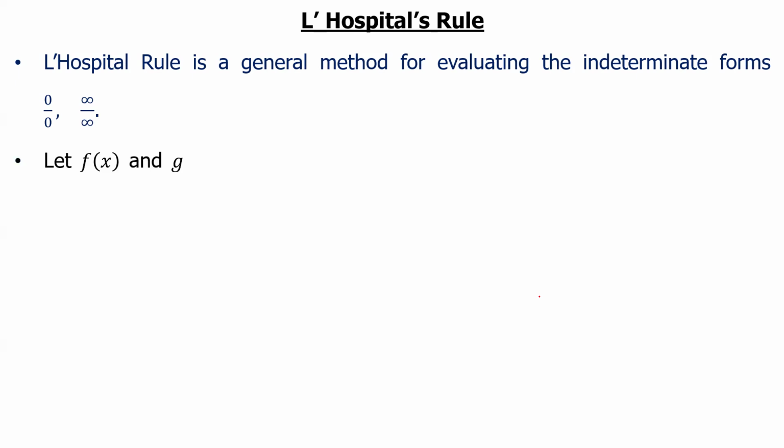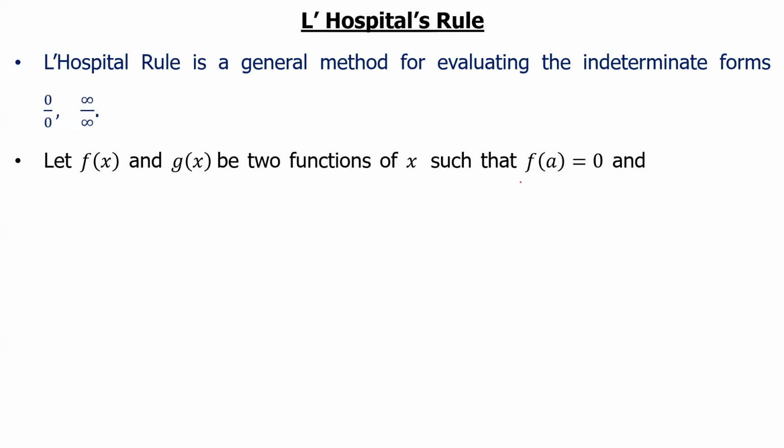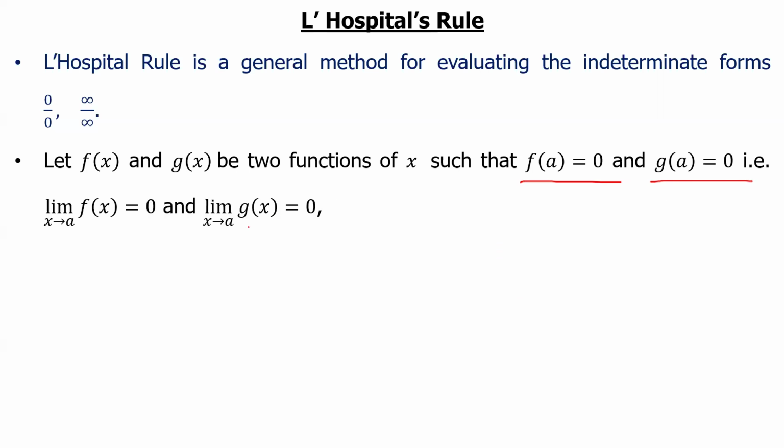Let f(x) and g(x) be two functions of x such that f(a) equal to 0 and g(a) equal to 0, that is, limit of f(x) when x tending to a is 0 and limit of g(x) when x tending to a is also 0.